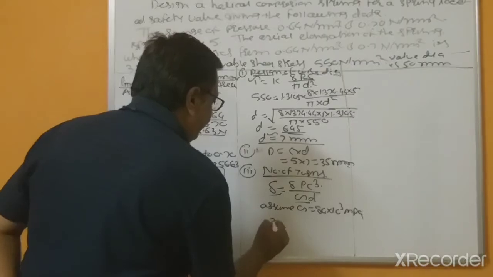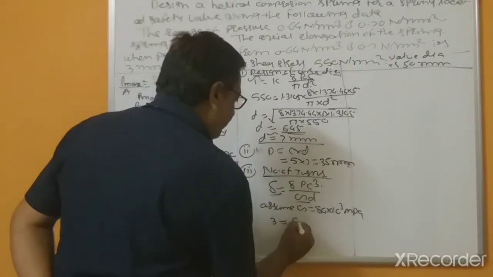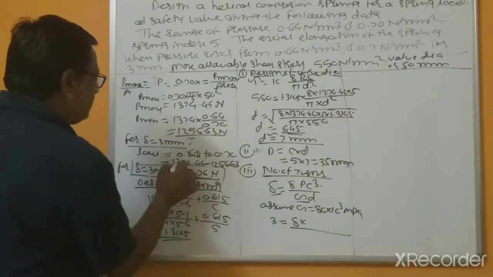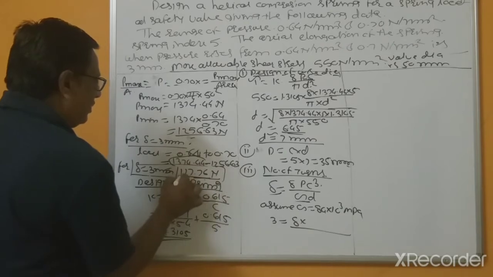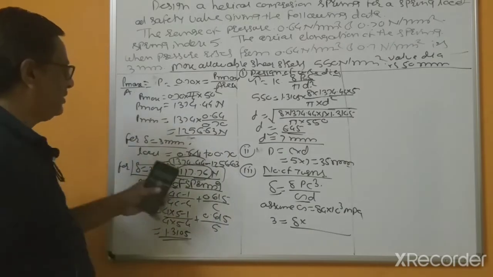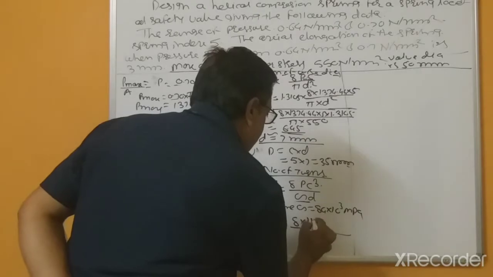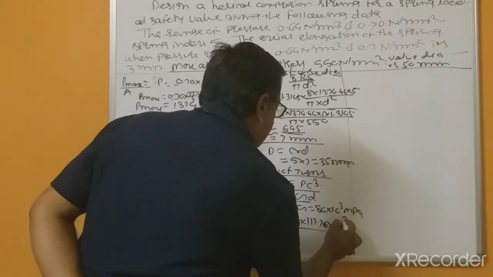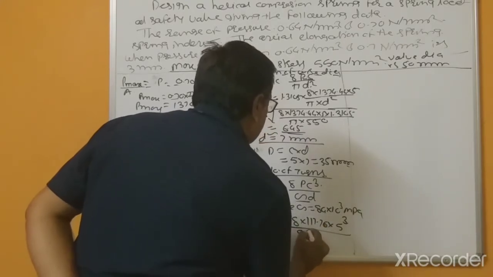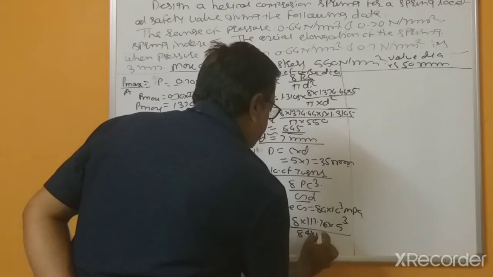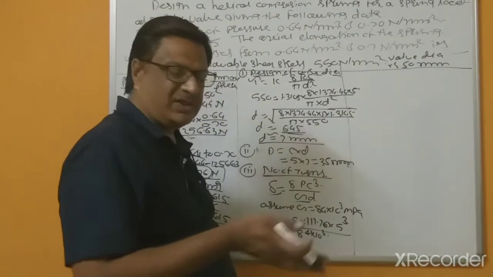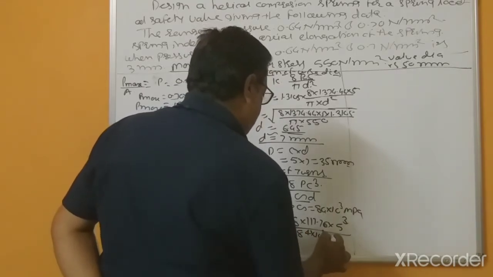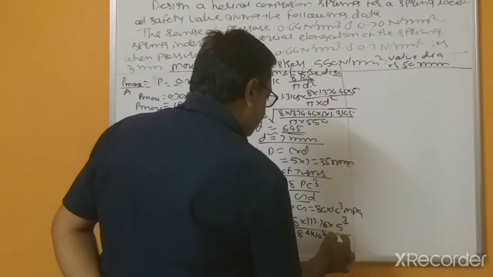The deflection is 3 mm, and the important P corresponds to this deflection: 117.76 multiplied by 5 cubed, divided by 84 into 10 to the power 3, or you can consider 83 into 10 to the power 3, divided by d, which we calculated as 7.